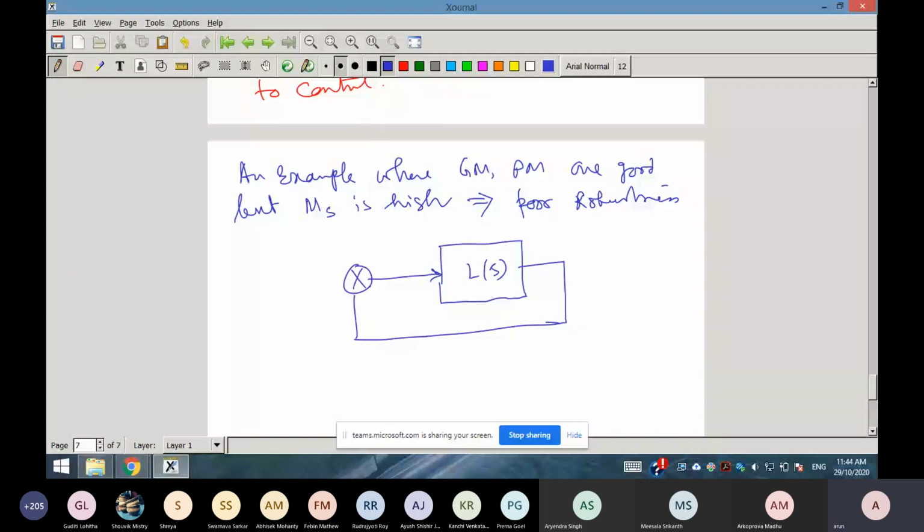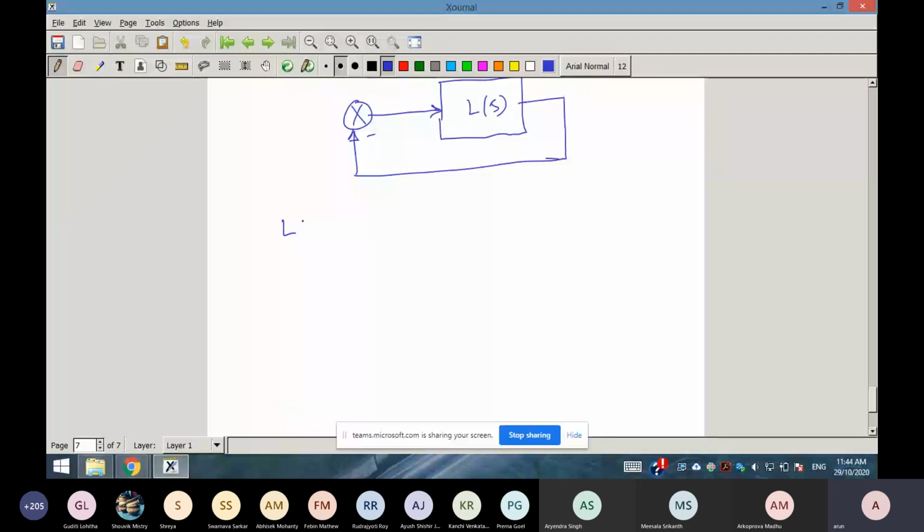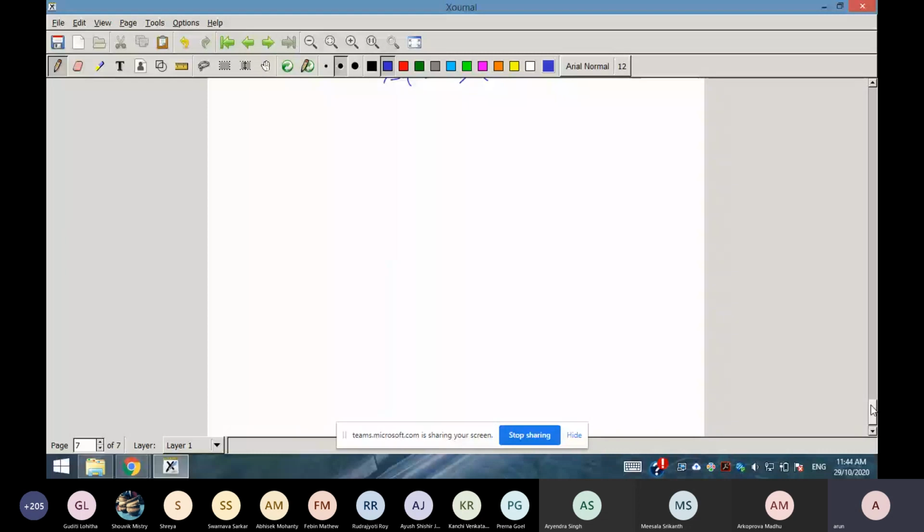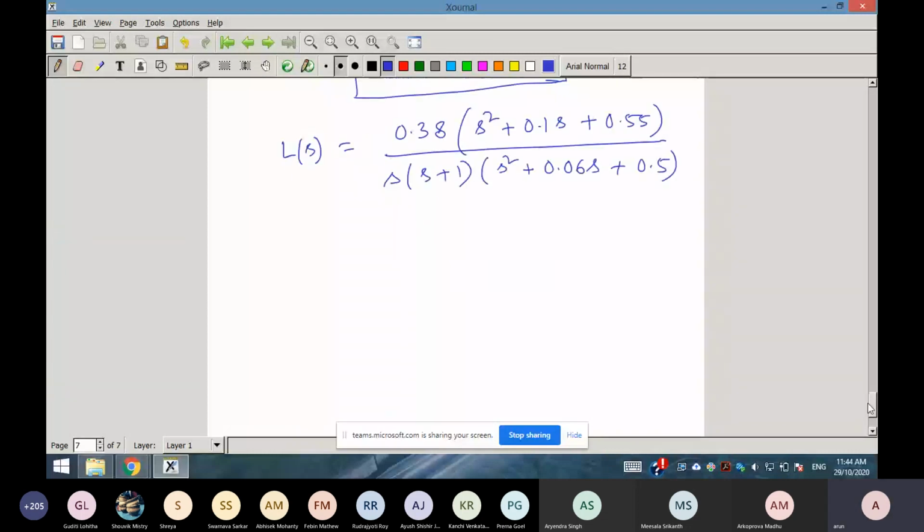Suppose this is your L(s), 0.38, you can verify using MATLAB also: (0.1 s + 0.55) divided by s into (s + 1) into (s square + 0.06 s + 0.5). Okay, so if you draw the Nyquist plot for this plant, for this L(s), then it will look like this.